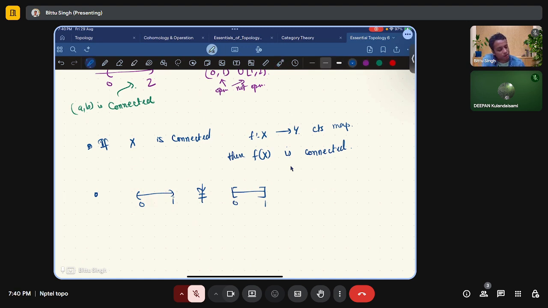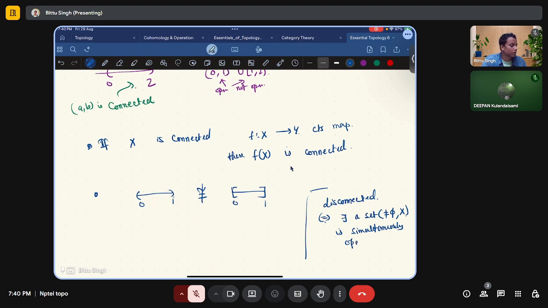And also observe that disconnected is equivalent to having a non-trivial closed set which is also open. There exists a set which is non-empty and not the whole set, which is simultaneously open and closed.